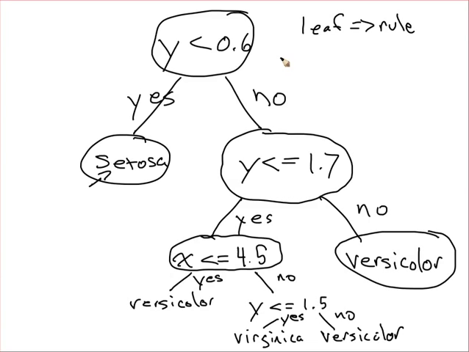So we write down a rule like, if y is less than 0.6, then, I'm not going to write the then in the interest of space. Our book would also write class is equal to setosa, but once again, I'm not going to write class equals either. So if y is less than 0.6, we have setosa.